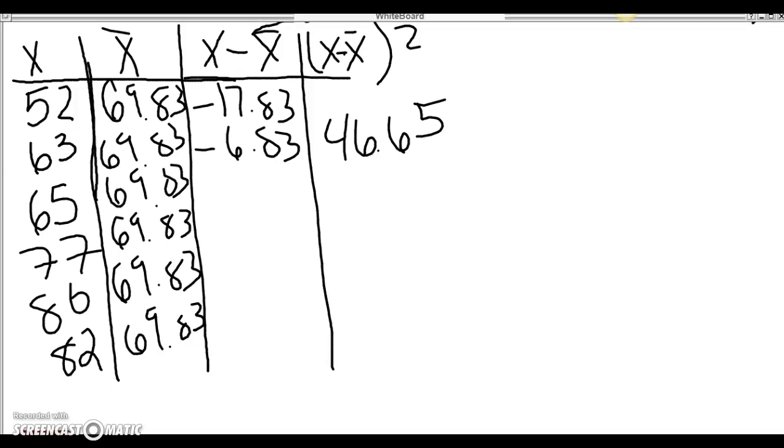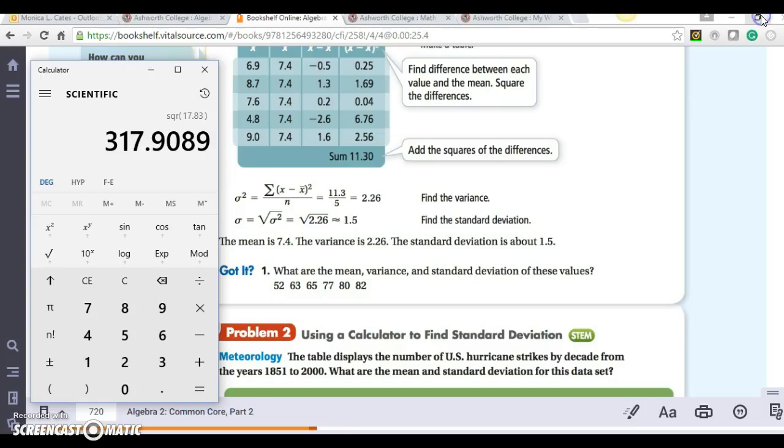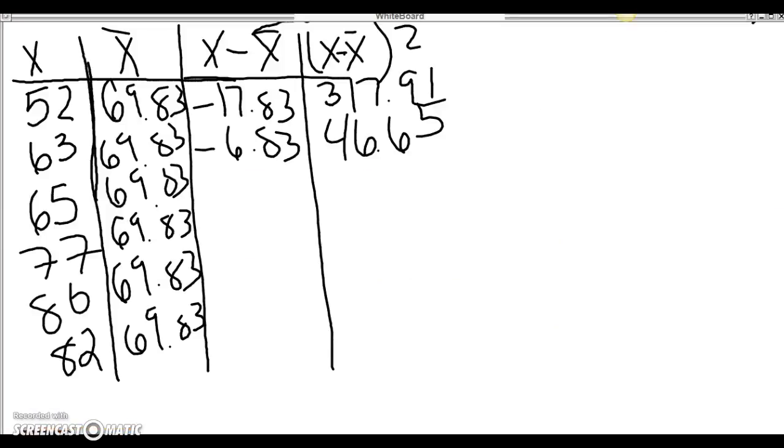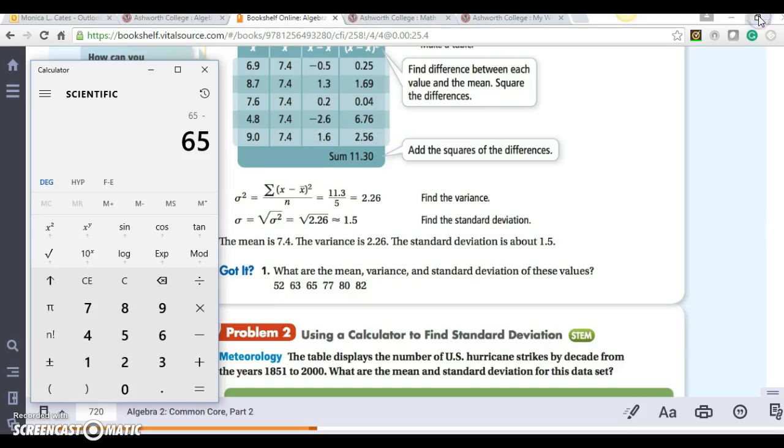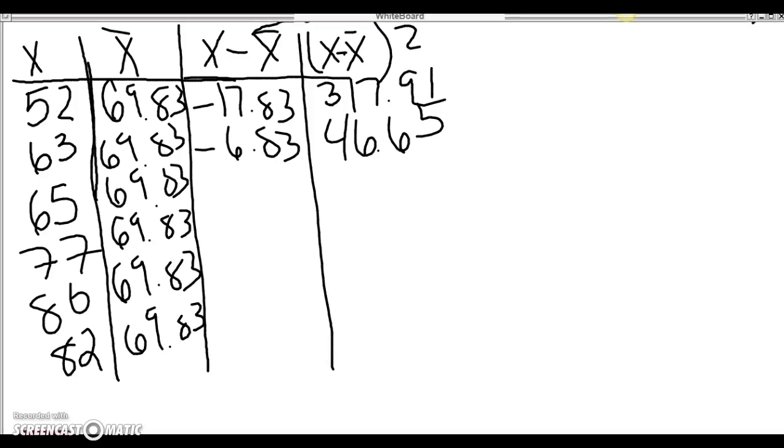317.91. Okay. We have 65 minus, and I forgot what was our mean. 69.83. I'm going to get negative 4.83.